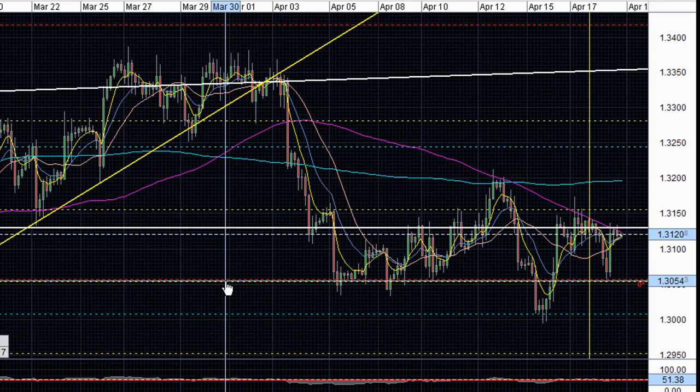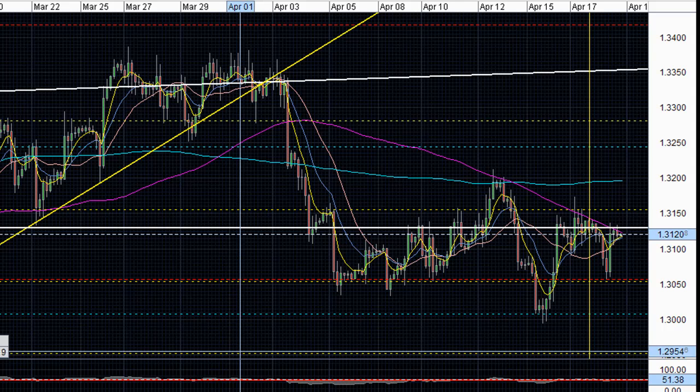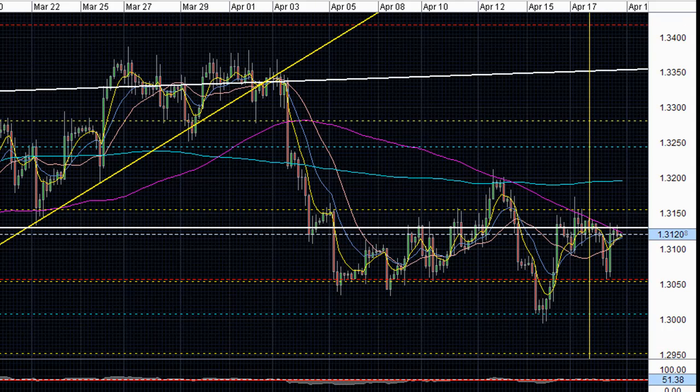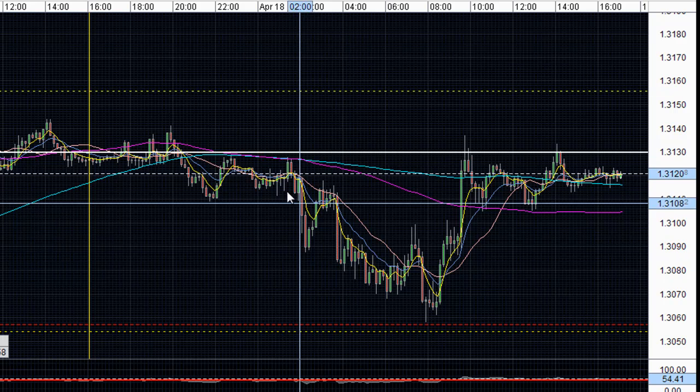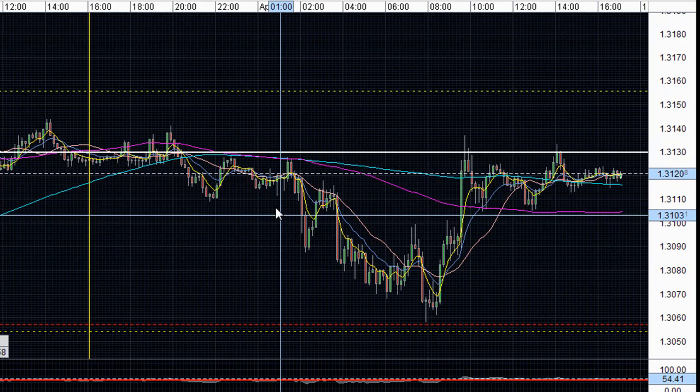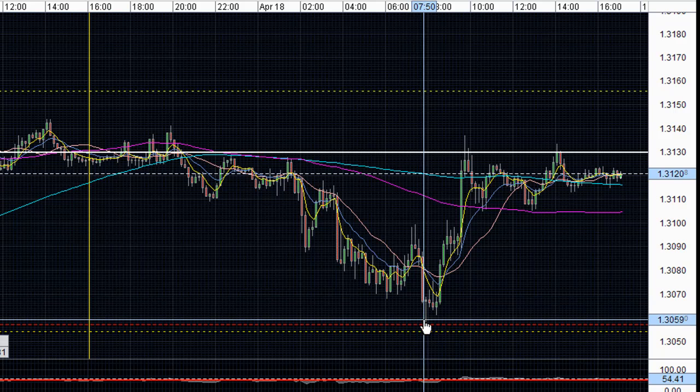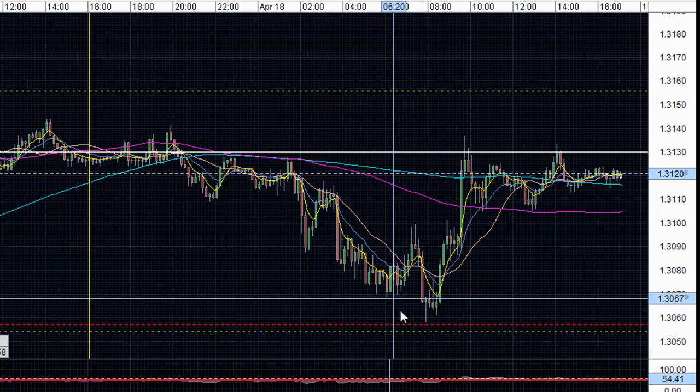It could have given you a signal on what was going to happen with this currency pair and in what direction to trade. Now, the reason why I say that is because, of course, you know that the trend for the day, the major bias for the day when it reached the support was bearish.